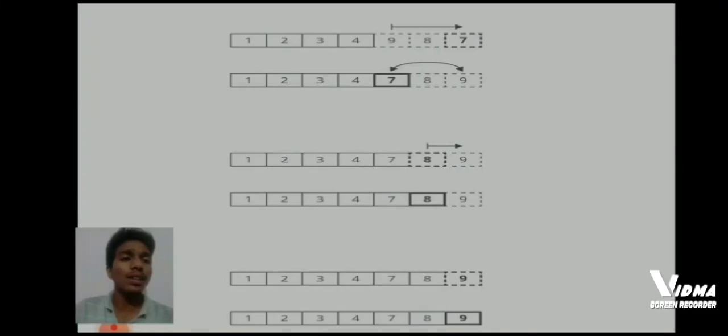Again 8 compares with 9 and 8 is the smaller number, so 8 remains in the same position. Again 9 remains in the same position. In this way, the selection sort procedure has been done.